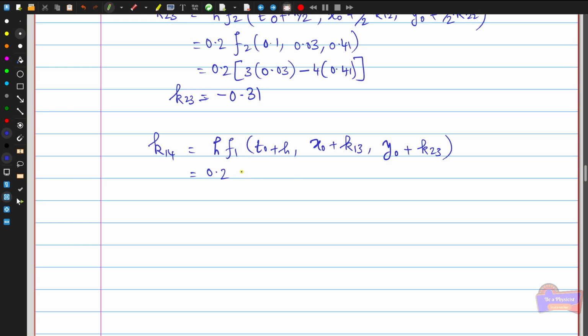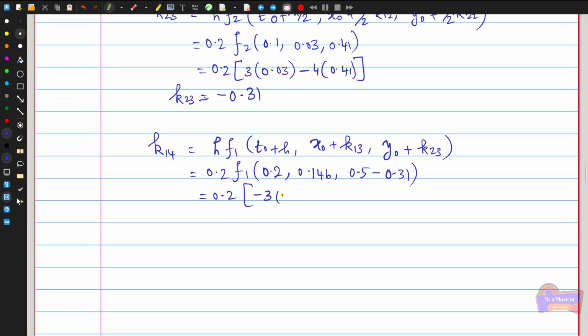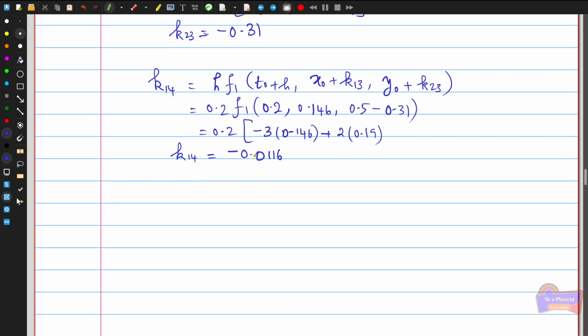So I can write 0.2 times function 1 of 0.2 comma 0.146 comma y0 value, which is 0.5 minus 0.31, that is the k33 value, which is equal to 0.2 times minus 3 into 0.146 plus 2 times 0.19. So the final value of this will give the k14 slope, which is minus 0.0116. That is the k14 slope.